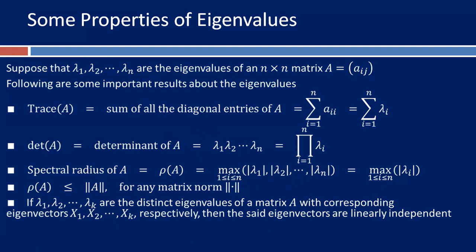What linear independence is will be discussed in our next topics. So here we saw what eigenvalues and eigenvectors are, how we find them, and then we determined the number of eigenvalues and eigenvectors at most, and then we saw some properties of eigenvalues and eigenvectors.